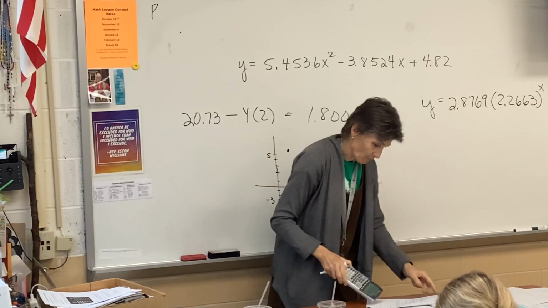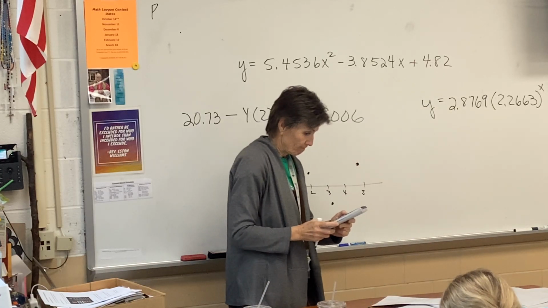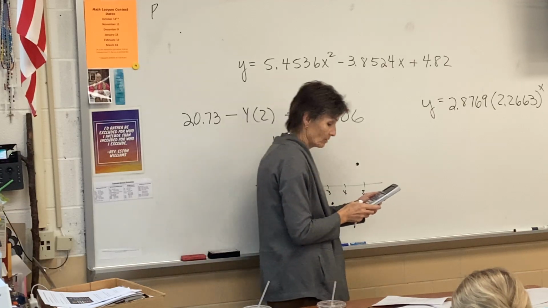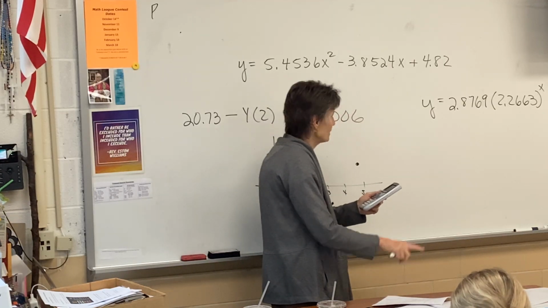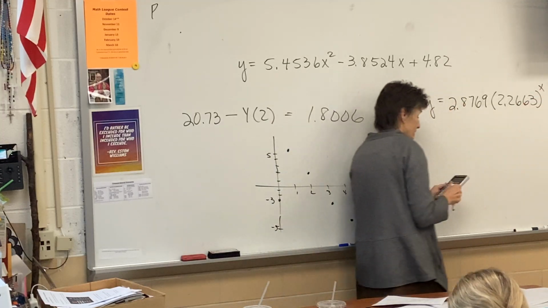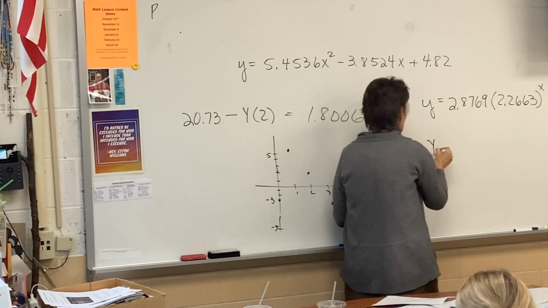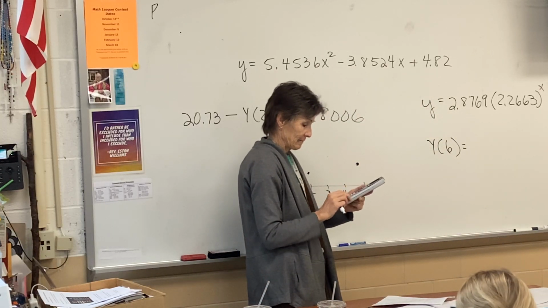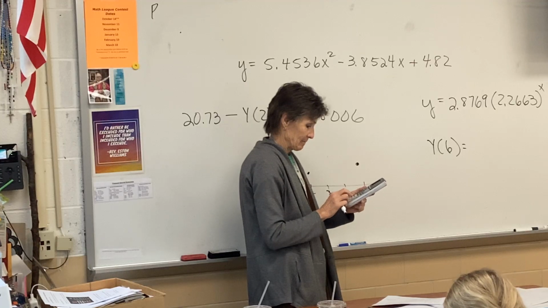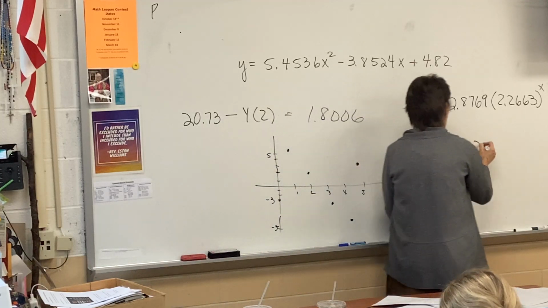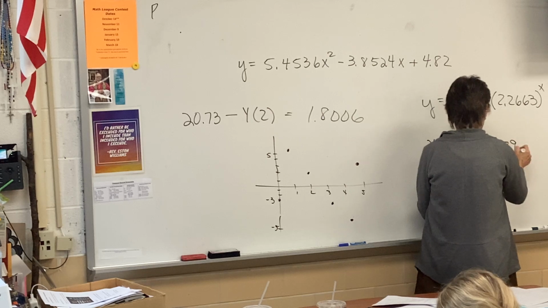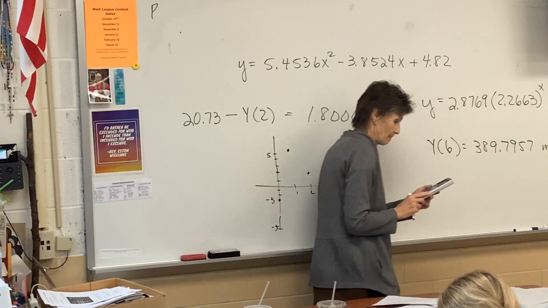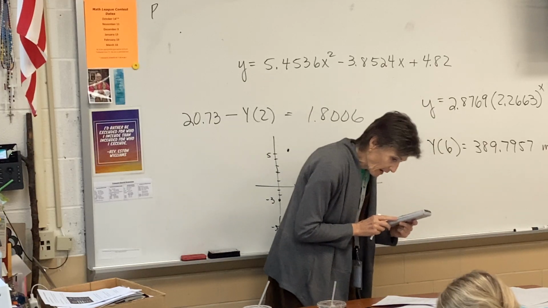How does that look to you? Look okay? Now, using that model, let's find what we get if x is 6. So I'm just going to do y of 6 on my calculator and see what happens. I got 389.7957, and that would be million of iPhones sold.